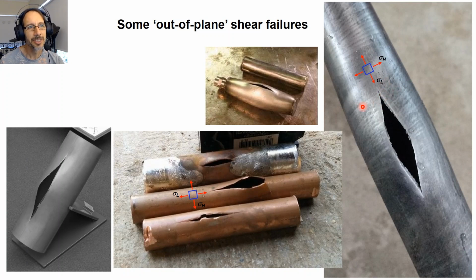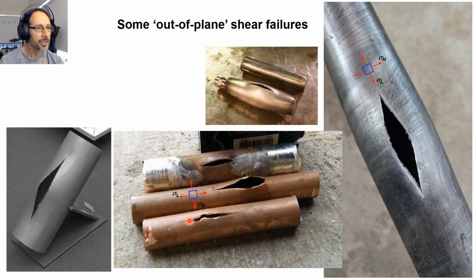And you may be able to see in these pictures that even though this is torn open this way, across and down the length of the pipe, because the hoop stress is twice the longitudinal stress, the actual failure surface in here is roughly 45 degrees.